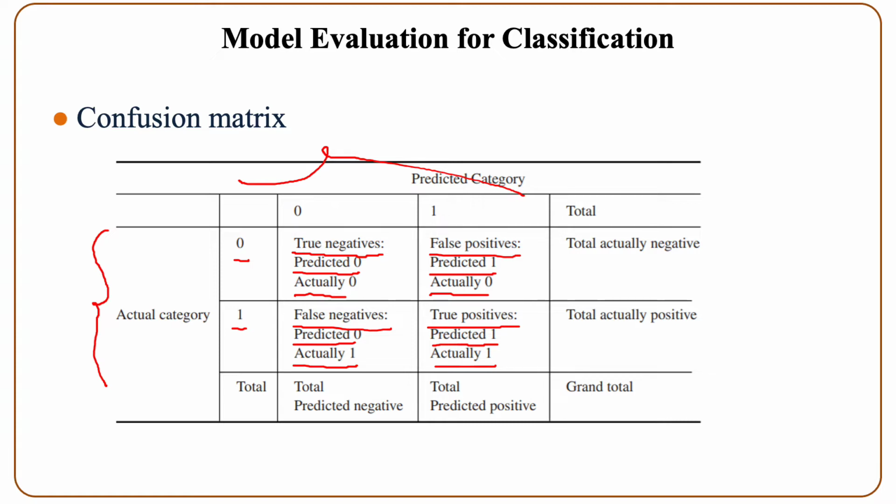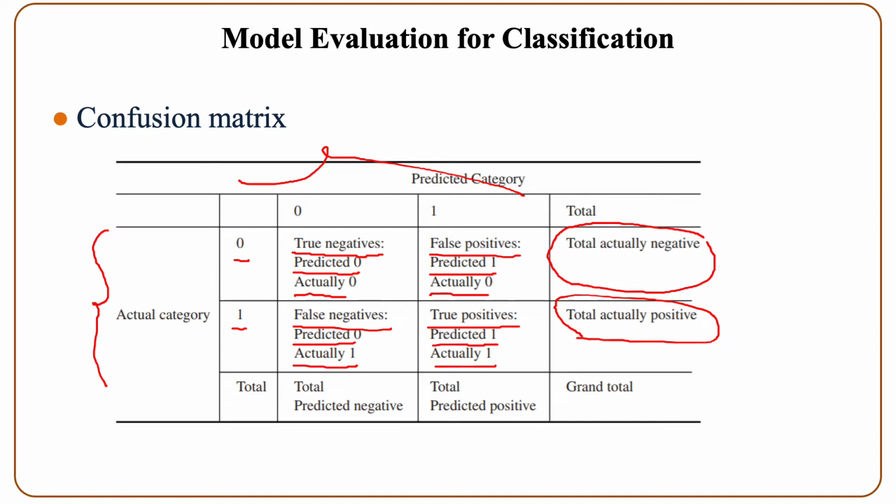The sum of the rows counts toward the total actual positives, that is for the positive class. And for the negative class, the sum of the row gives the total actual negatives. Look at the total for the columns.